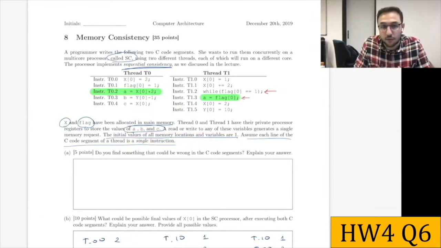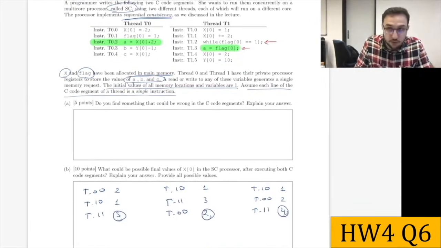If we consider T0.2, A's value is double of X0, right? So we should consider all cases that T0.2 can get in this order of codes that we looked at in the second part of the question.